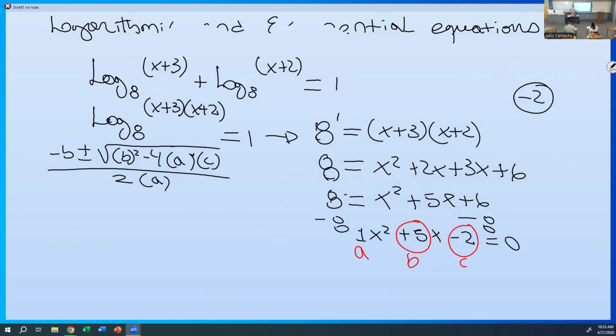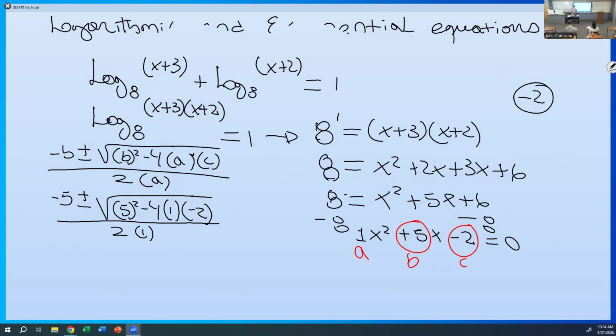I always label my numbers to be sure I get the right thing. So now we plug in the numbers. Negative b will be negative 5, plus or minus the square root of 5 squared minus 4 times 1 times negative 2, that's c, all over 2 times 1. Now we simplify.